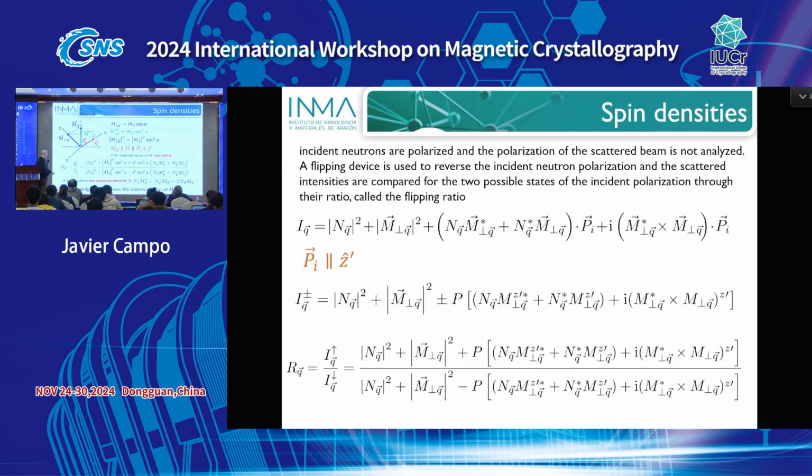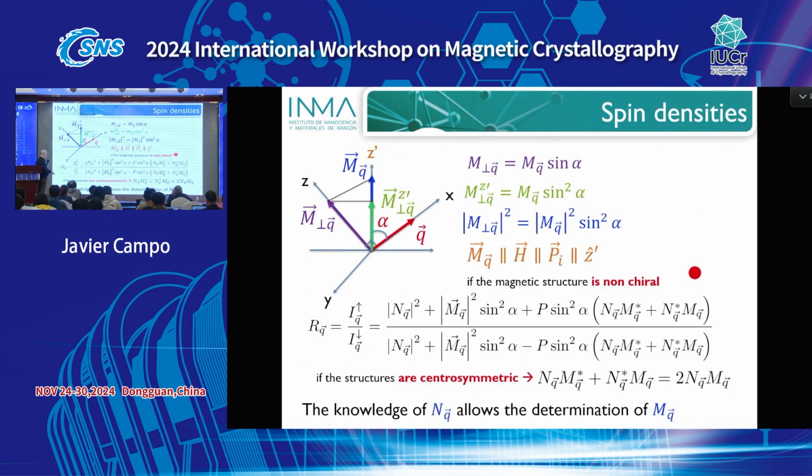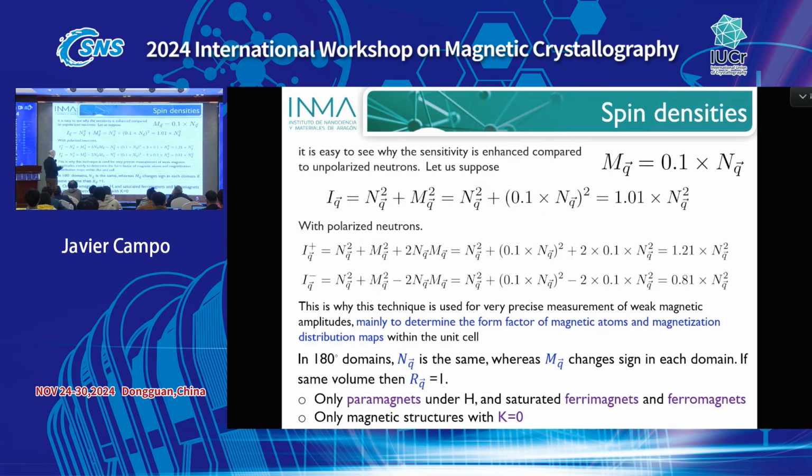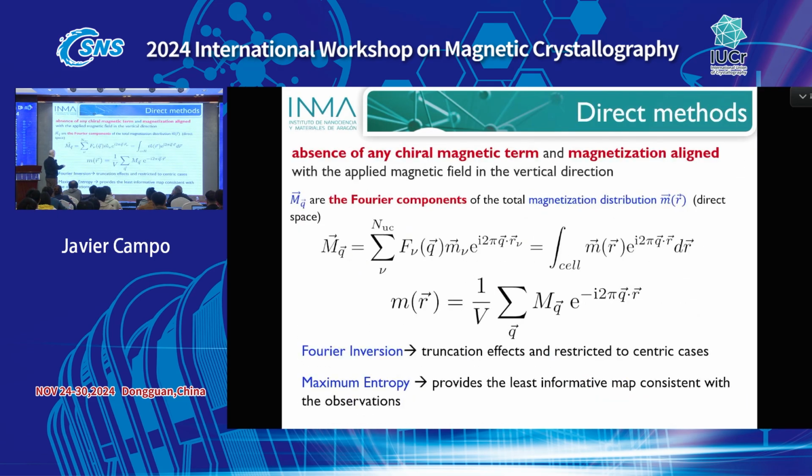The chiral term is not appearing in this expression. If we have a chiral term, we cannot use this expression here. For that reason, it requires the absence of any chiral term and magnetization aligned with the applied magnetic field in the vertical direction.